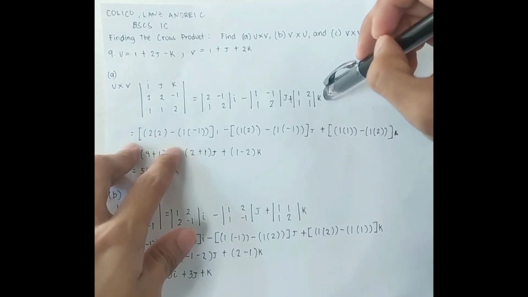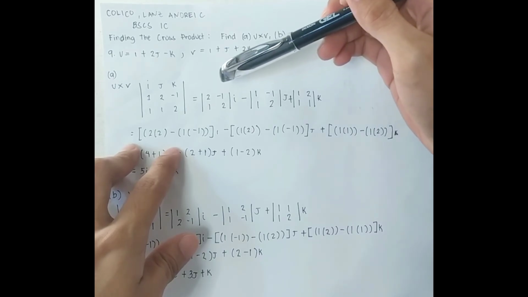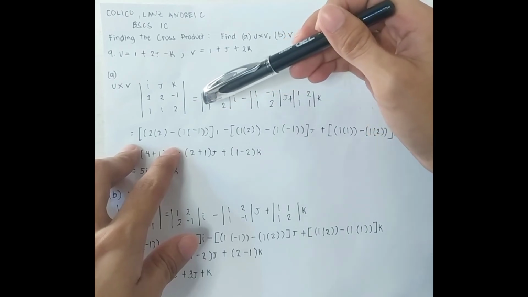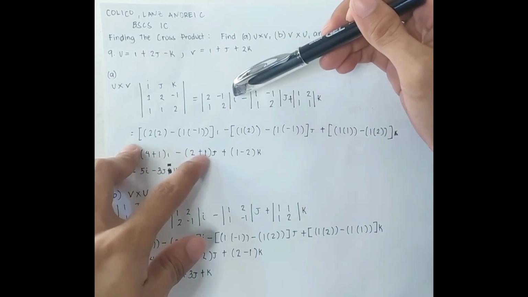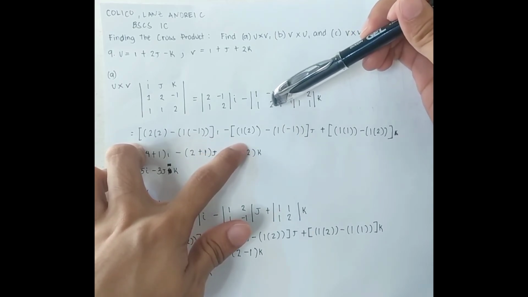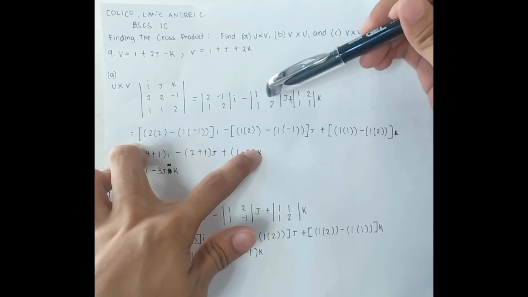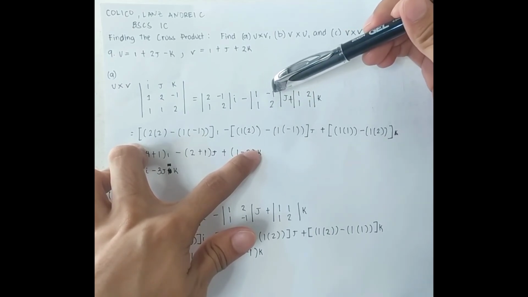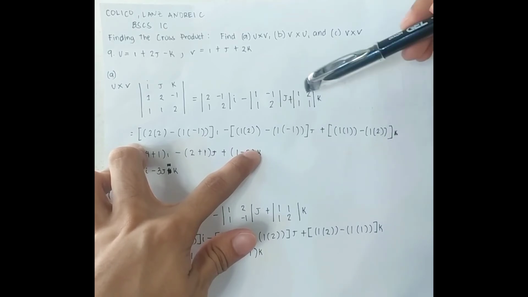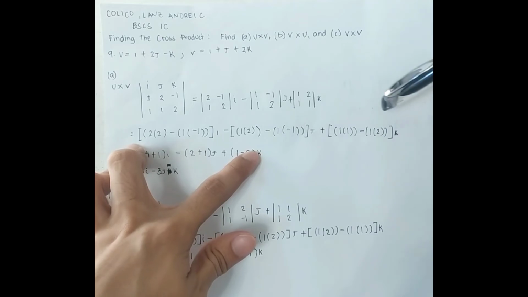Then, we will apply cross multiply, in which 2 times 2 minus 1 times -1 I, then minus 1 times 2, then minus 1 times -1 J, plus 1 times 1 minus 1 times 2.